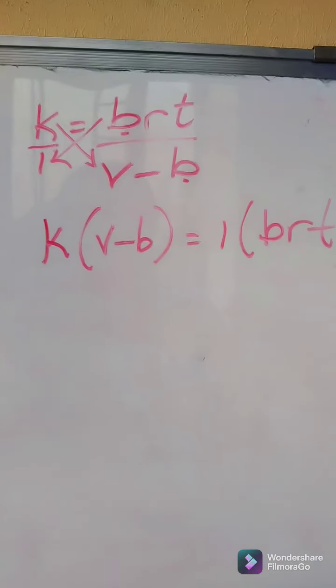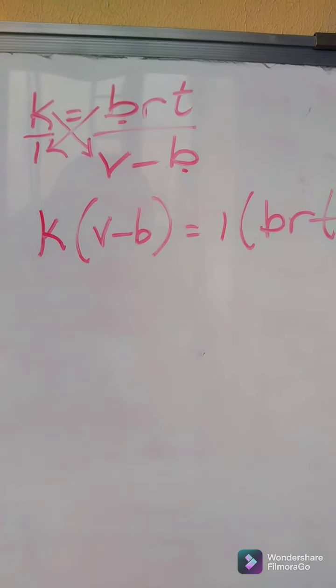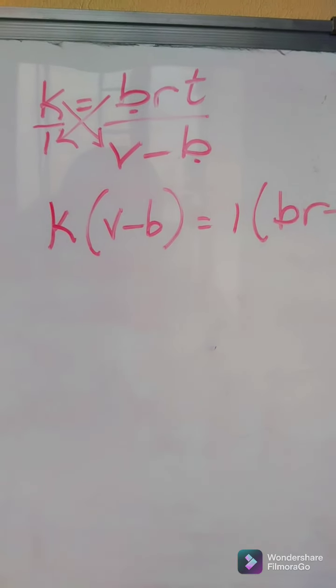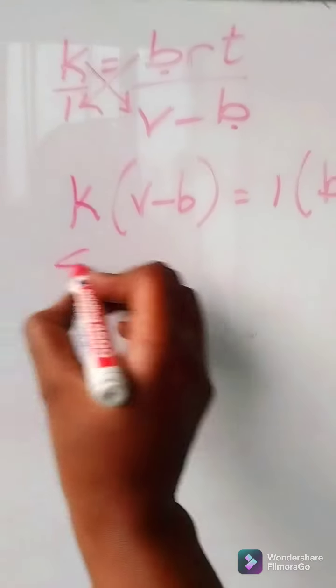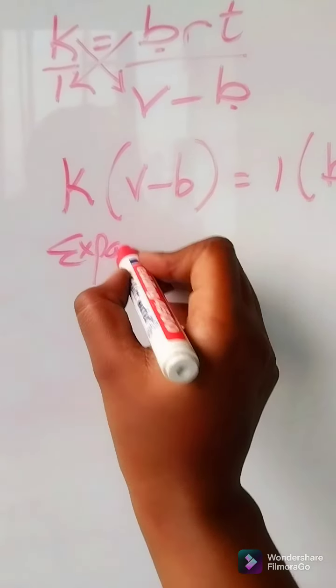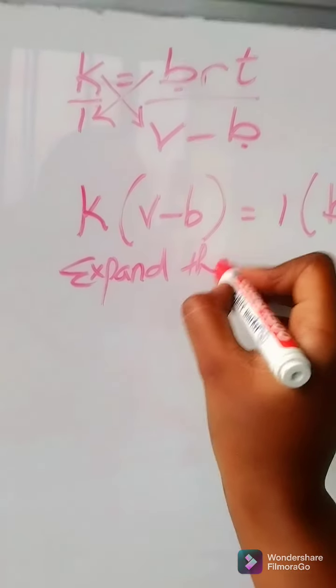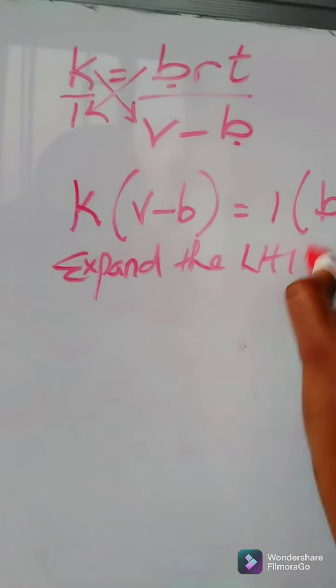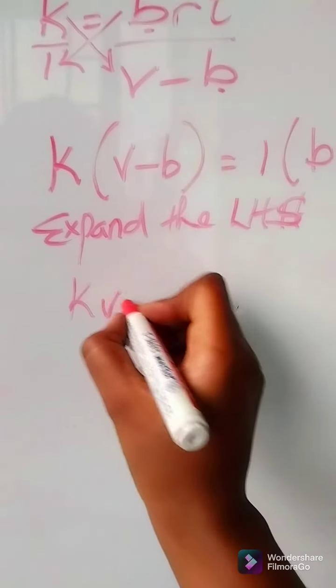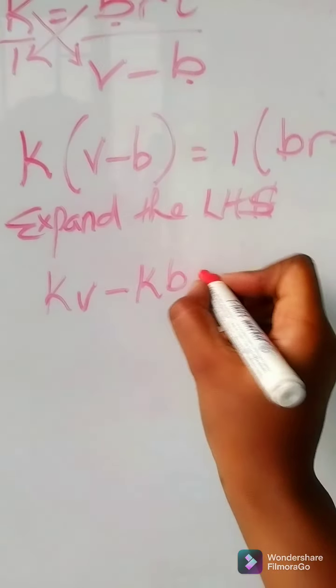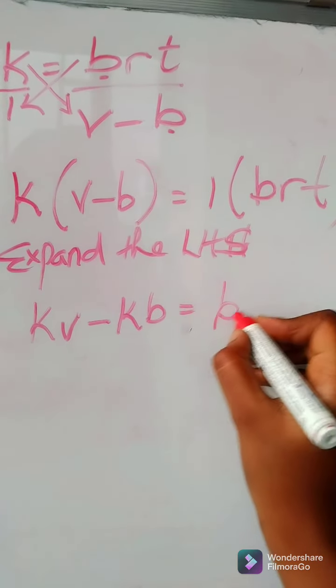Okay, so now we want to isolate b. So we'll expand the left hand side. So we'll have kv minus kb equal to brt.